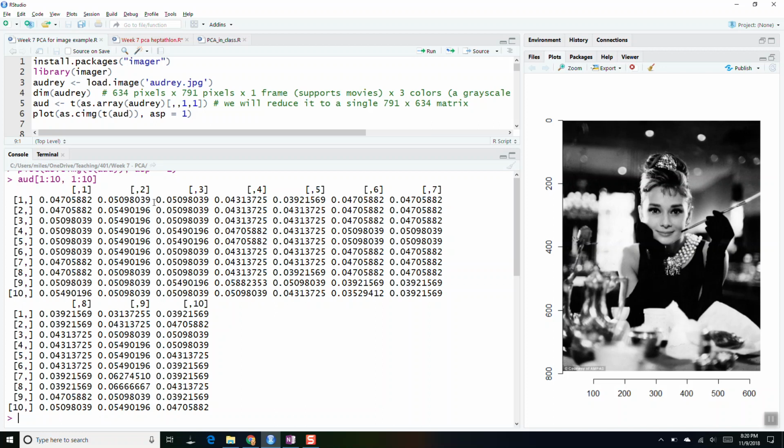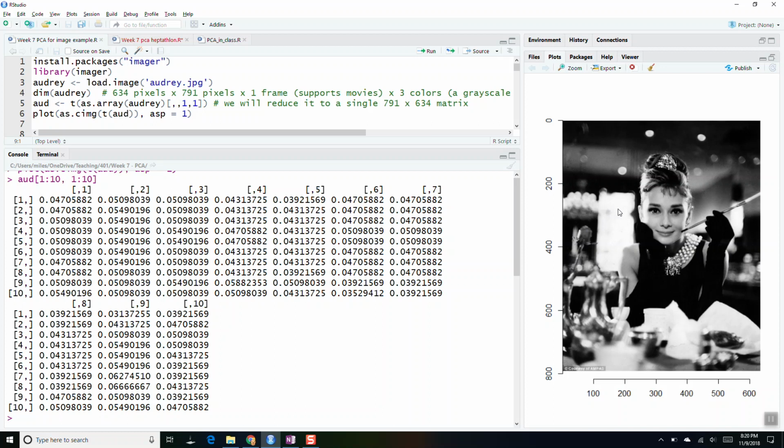for things that are, I think they've scaled them from 0 to 1, okay, where 0 represents black and 1 represents white, okay? So I think this is the top left corner here, so we have values that are close to 0.